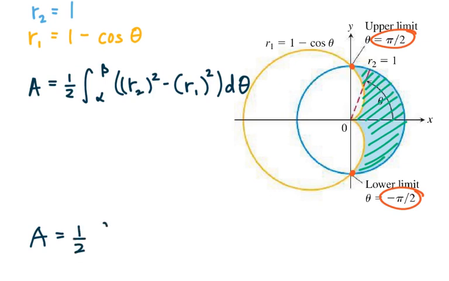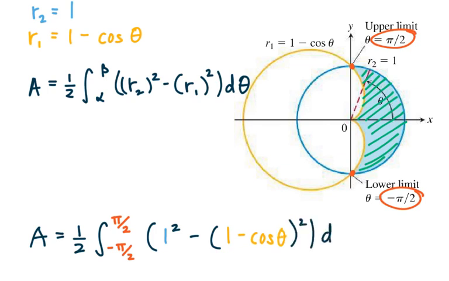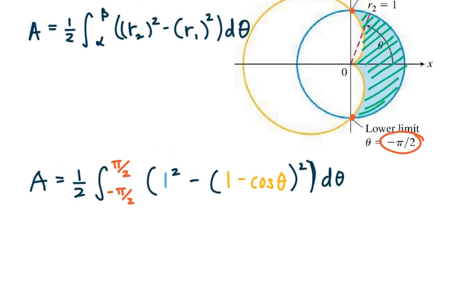So if we wish to set up our area function here, the area equals 1/2 the integral from negative pi over 2 to pi over 2 of my outer polar function, r sub 2, which is 1 squared, minus my inner function, 1 minus cosine theta, that quantity squared, d theta. Okay, so we need to look at simplifying this.